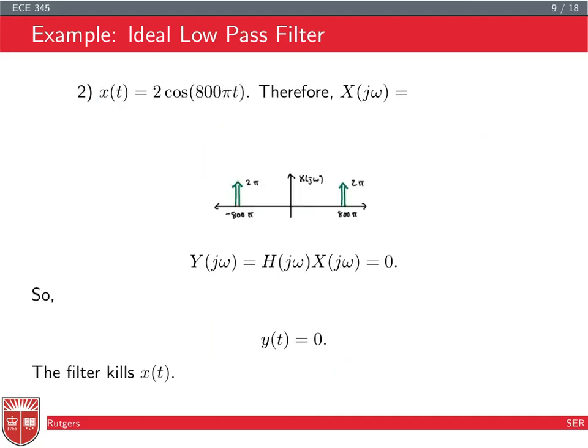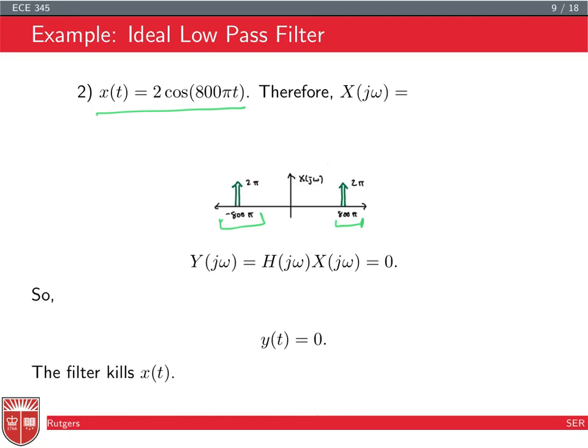The second example is x of t equal to 2 cosine 800 pi t. From what we did before, we know that this cosine is equivalent to two delta functions, one at 800 pi and the other at minus 800 pi.